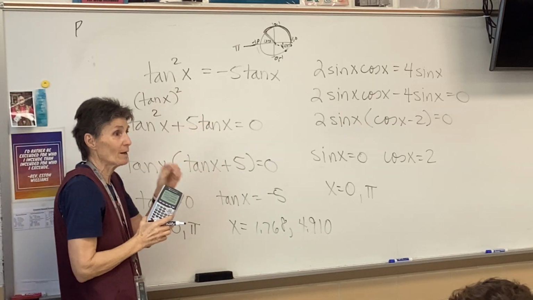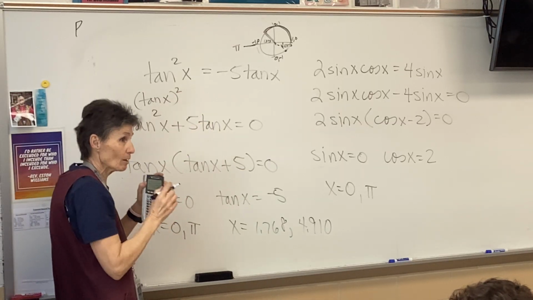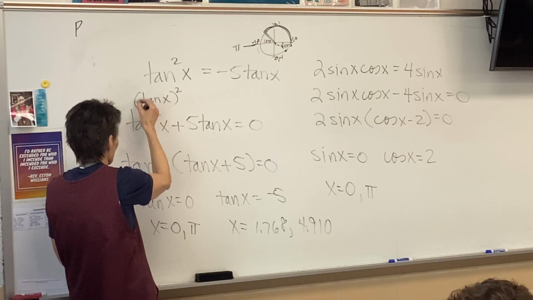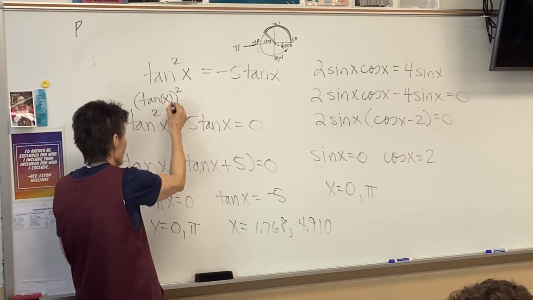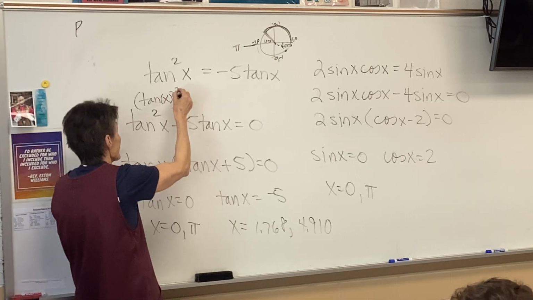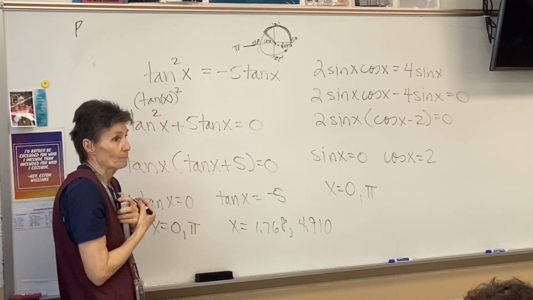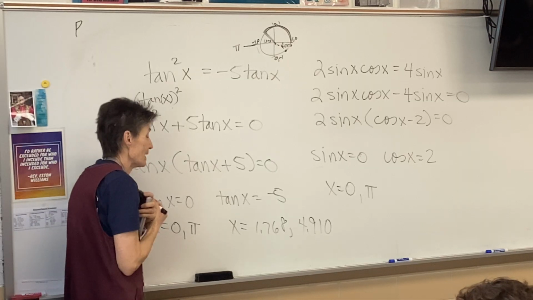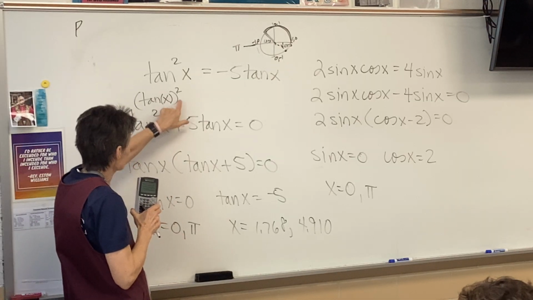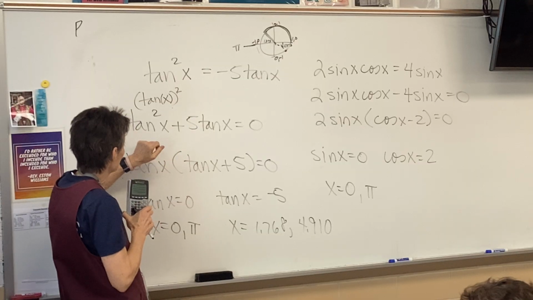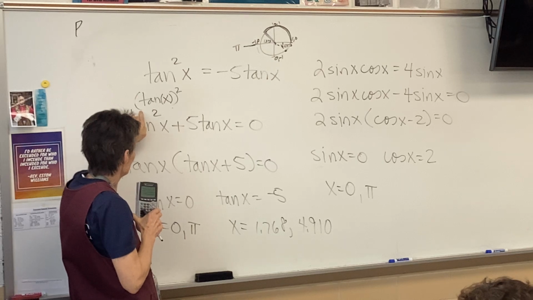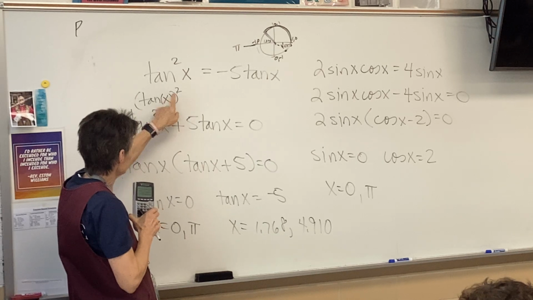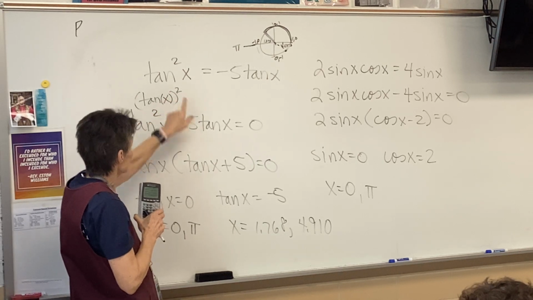So be careful with your parentheses: tan, then the parentheses come in, you close them, and then square. If you're going to graph that, that's how you would put tangent squared in your calculator. You have to manually put in this parenthesis. This one will come in automatically, so close it, square it.